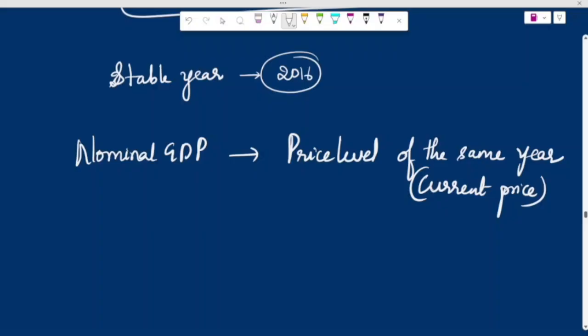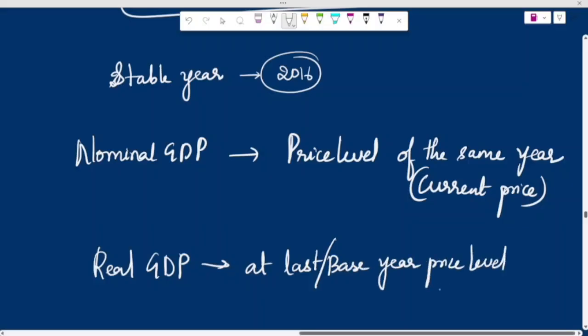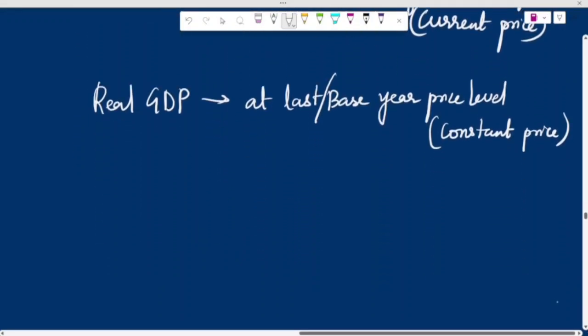When it comes to real GDP, you will be comparing it with the base year, so at last year's price level or base year price level, then it is called constant price. Why constant? Because it was a stable price. So whenever they say GDP at constant price, come to the conclusion that they are speaking about real GDP.